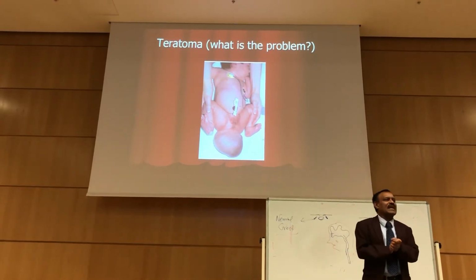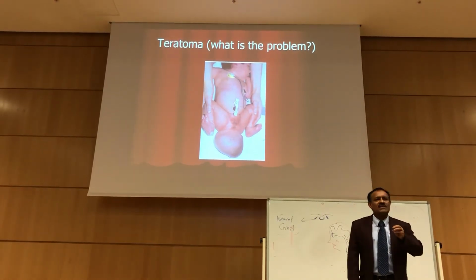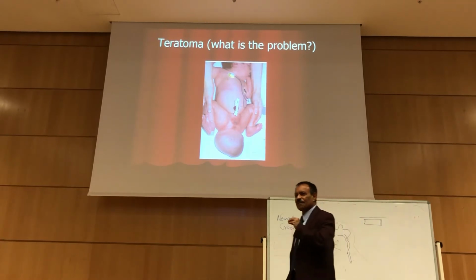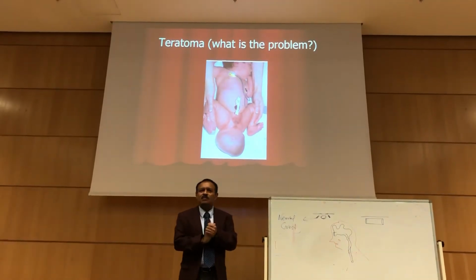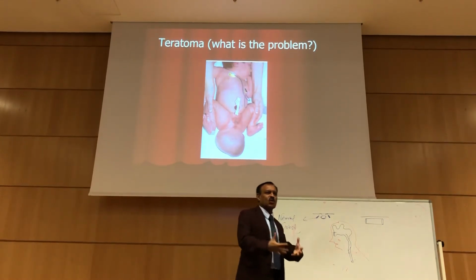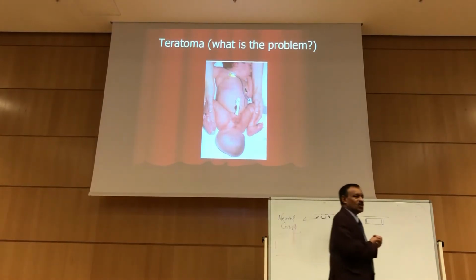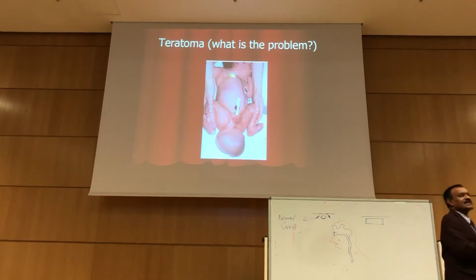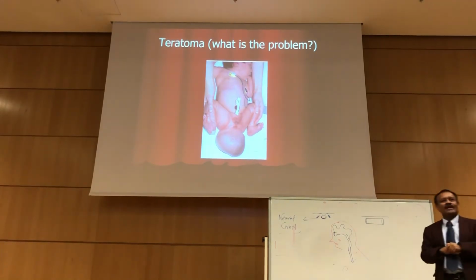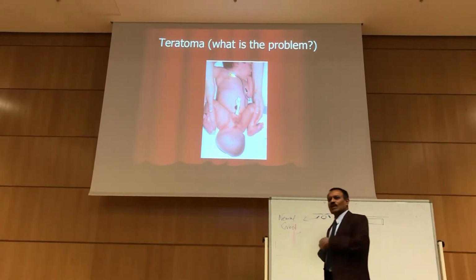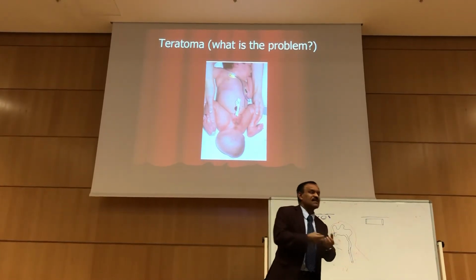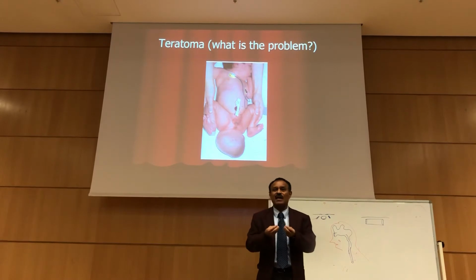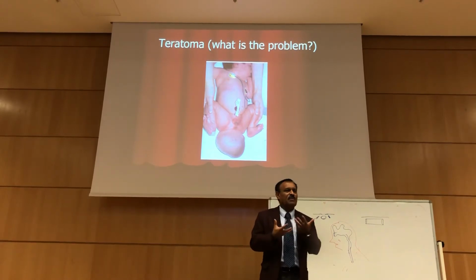So what is happening is the cells which are supposed to go through the primitive pit, they are stuck. So a baby is born with everything there, like the scrotum. What do you expect in the scrotum? Testis. Very good answer. He knows that the testis is present in the scrotum. But if you find a hair cell, some brain cells, some intestine over there, then you know there is a problem of the primitive pit.